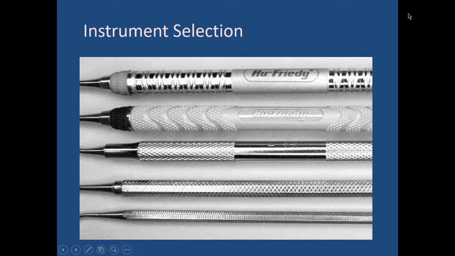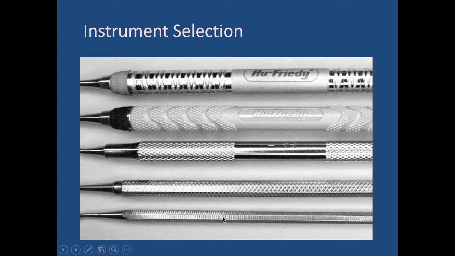In the market, there is a variety of instruments. So how can I select the right instrument? You will find this instrument with a small cross section, this with a larger cross section, this with a larger cross section, and this with a larger cross section with plastic pads.